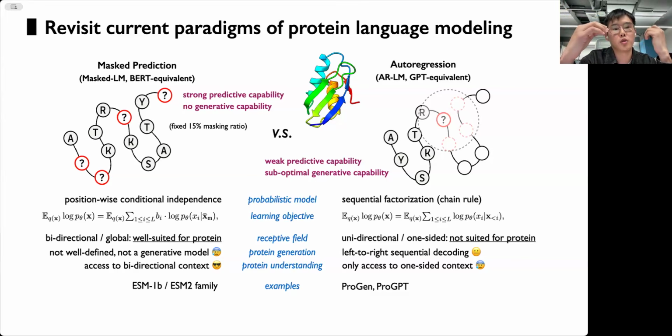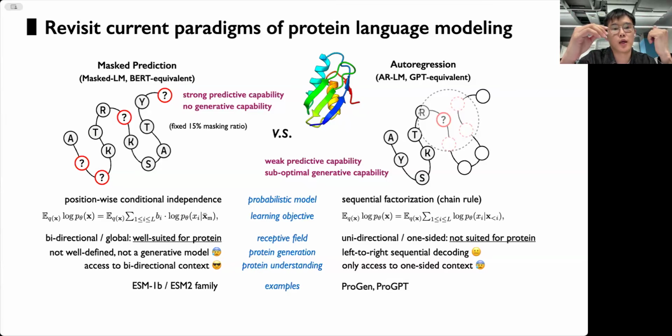To get very good predictive power or a very good representation learning model, you want a sufficiently challenging task to force your model to learn the complex dependencies among the data.